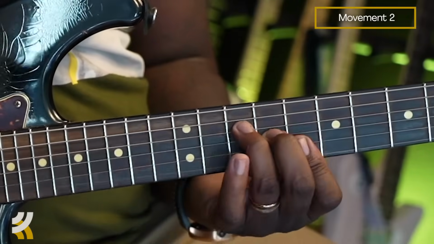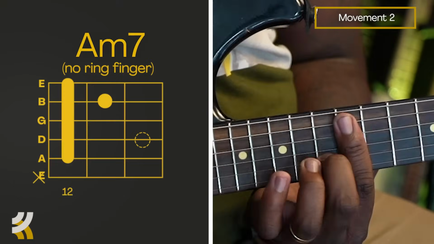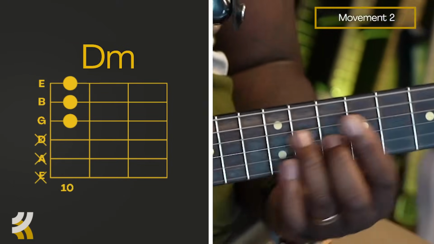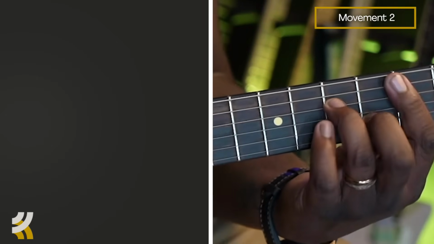Now, the second movement I want to show you is what I call my triad walk down. If you have a quartet background and you've played in church, because we're in the key of C, I want to come down here and play my A minor. So this is my 6. This position will be for my 2, 1. And then I'm going to come down to 2.